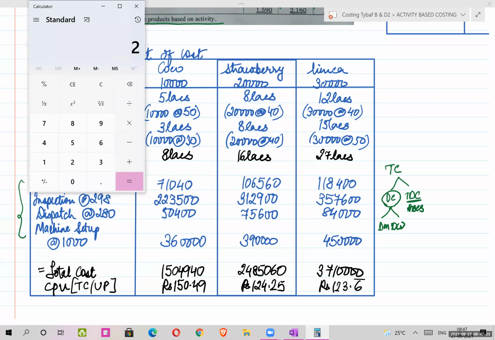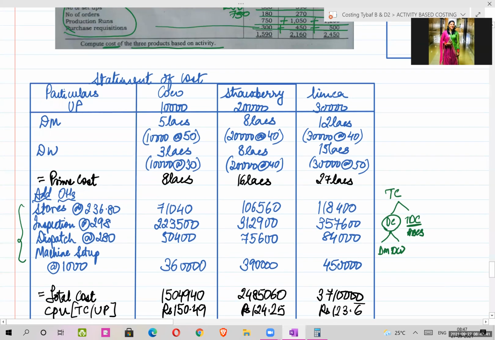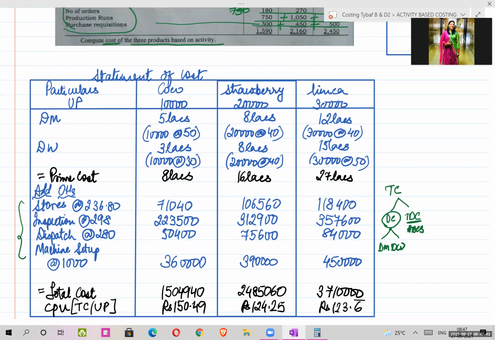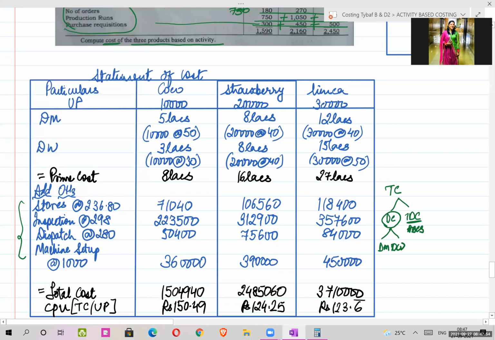So 236.8 into 300. 236.8 into 500. 236.8 into 400. No, not 400. 450. 236.8 into 450. So 1,06,560. Okay. Then inspection.